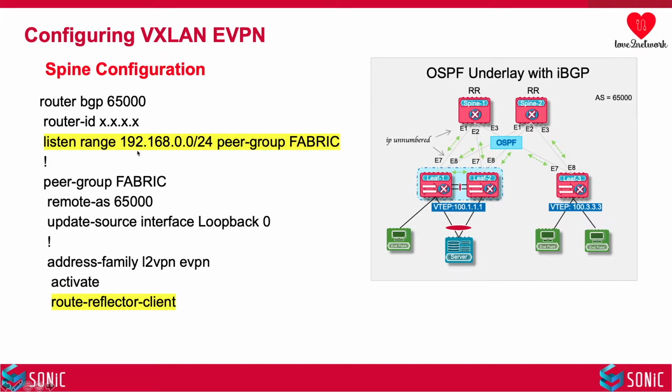So we are instructing BGP that if we receive a peering request, a TCP session request from a BGP speaker in this subnet range, so anything within 192.168.0.x range, and as long as the BGP parameters are what we defined in this peer group, we will form a BGP relationship with that BGP speaker.